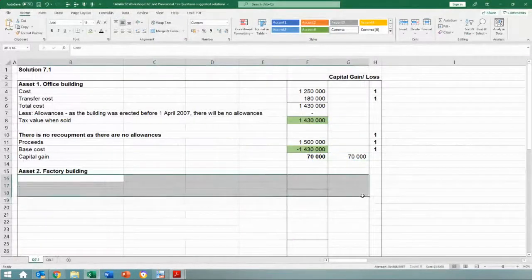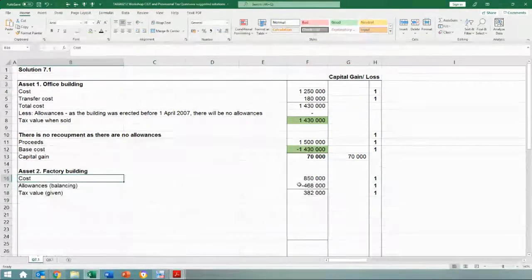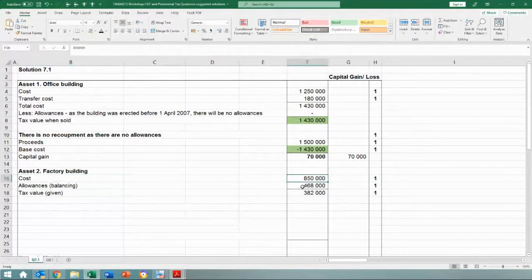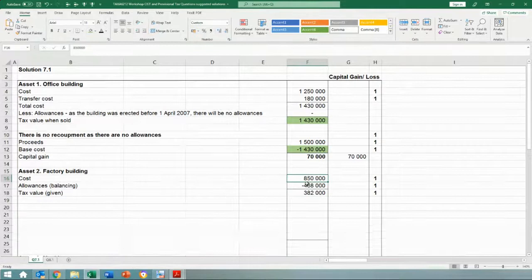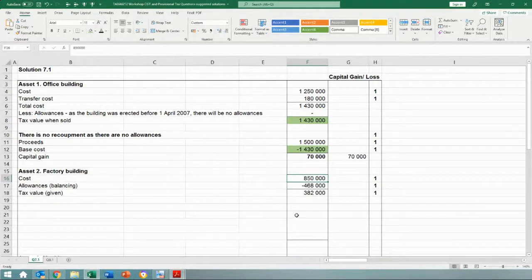So we first start off by calculating the allowances. So we start with the original cost of 850. You only take the original cost. You do not include the legal expenses when you work out the recoupment. Okay, so the legal expenses will generally be incurred on date of sale, so that is only accounted for when we work out the capital gains.